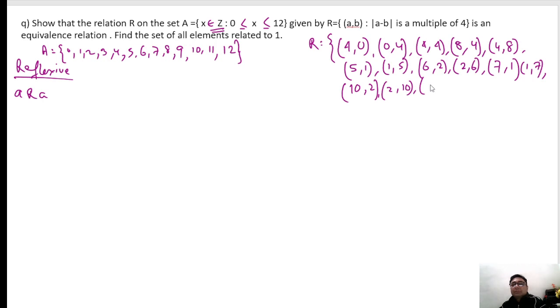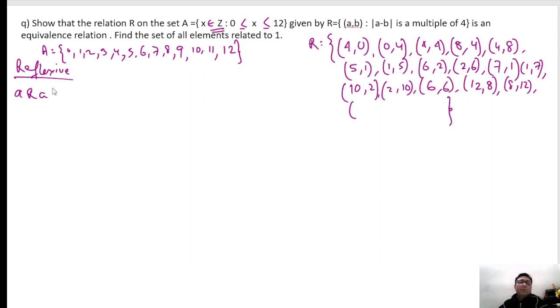I can choose 6, 6, 12, 8, 8, 12. So in this way we can make many.